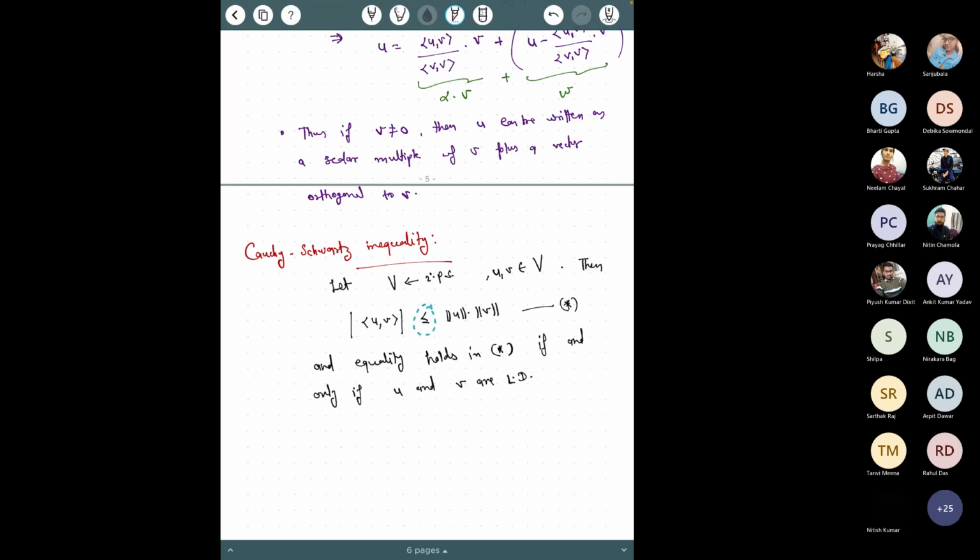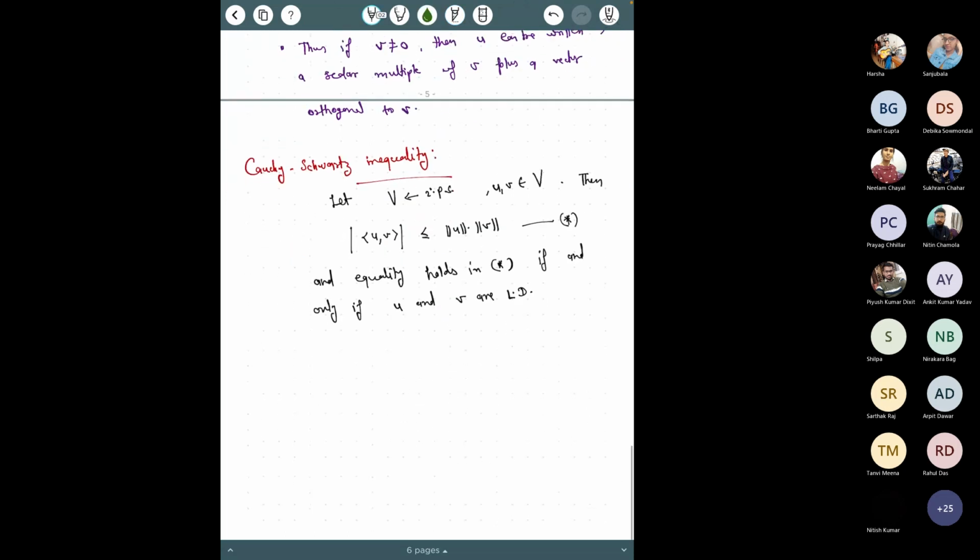Okay, so the proof follows using the observation we just made. Let me write the proof first. First thing is clear: if v is zero, then the left hand side of star is 0, and the right hand side is also 0.